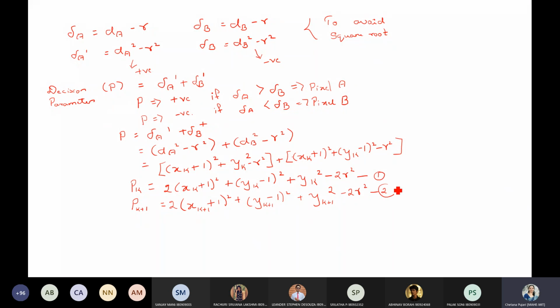Let's call it equation 2. So the next step is we have to do equation 2 minus 1, so you will get the difference in decision parameter.